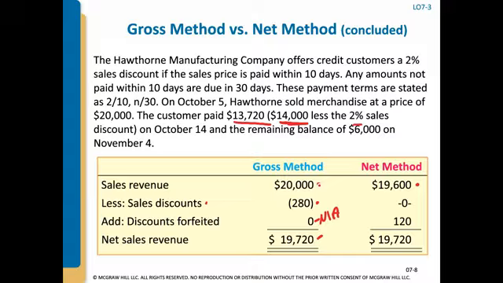So they forfeited the discount by $120. So we reduced our sales by that much, and we increased our sales by that much, and therefore our net sales revenue is $19,720.